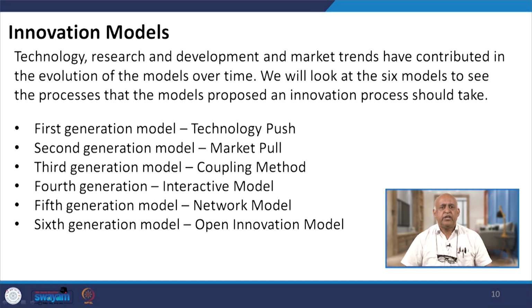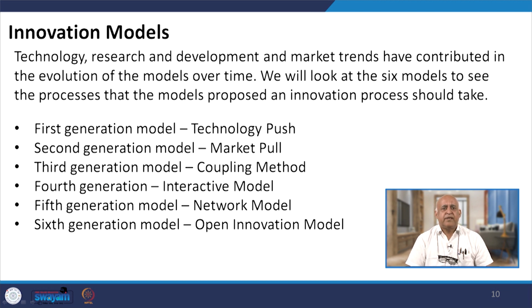Whenever we are talking about innovation models, technology, research and development and market trends have contributed to the evolution of the models over time. So we will look at the six models to see the processes that the models proposed and that the innovation process should take. These models, with the help of technology, research and development, contribute towards developing innovative practices, and the innovation process is initiated.